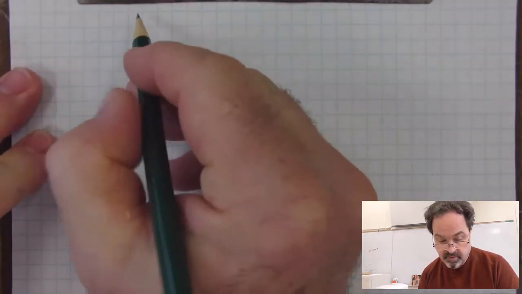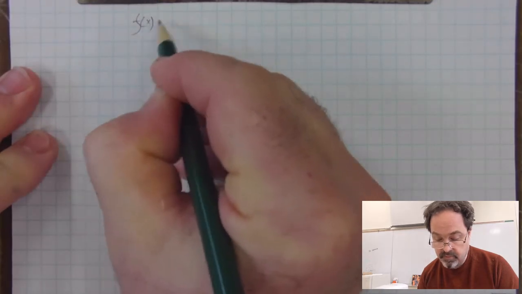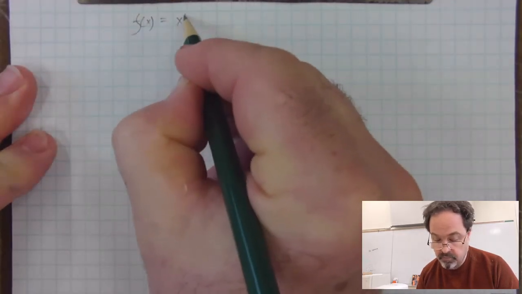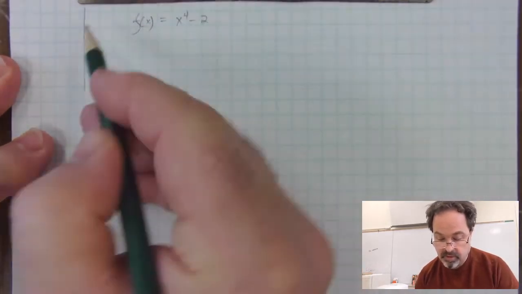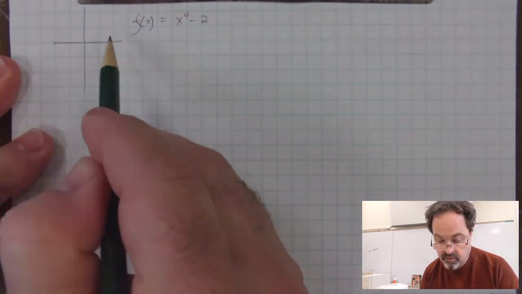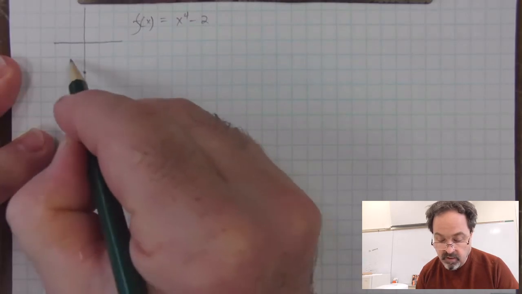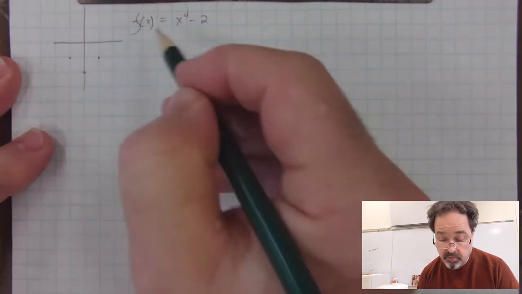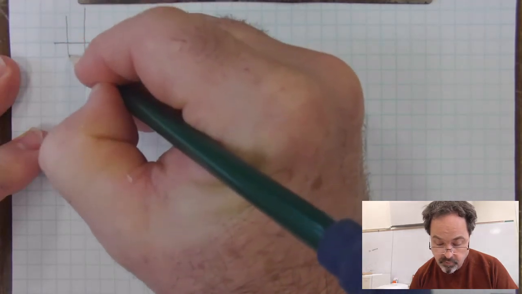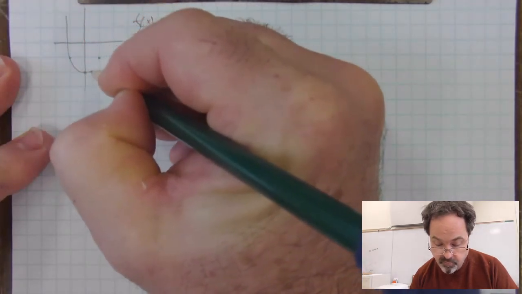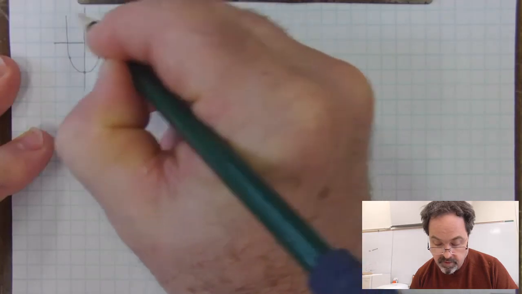We're going to investigate a function f of x is equal to x to the fourth minus 2. And I'm going to make a quick sketch. This is not a parabola, but it looks like a parabola. This is the curve x to the fourth moved down 2.